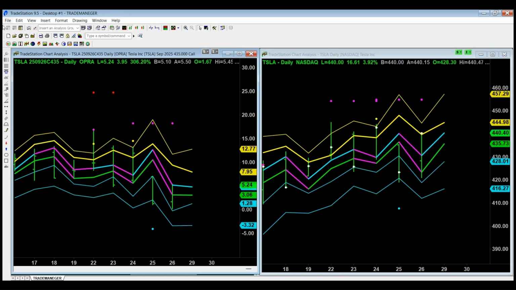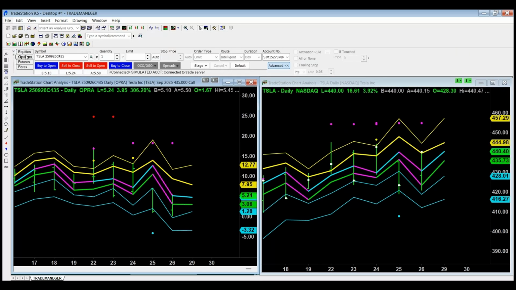On the trading platform, check this order bar. And then it opened this, for example, equity. That means you can buy stocks, different types of stocks or ETFs. And if you check this option and search in this search bar, for example, right now it displays Tesla 250926C 435.